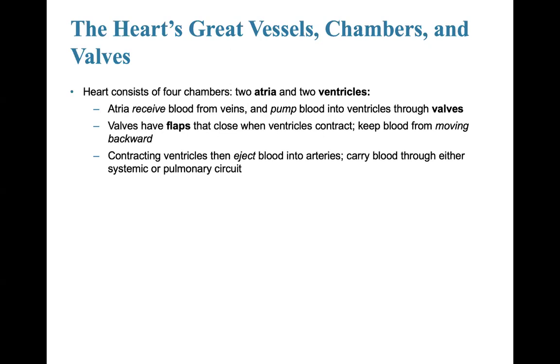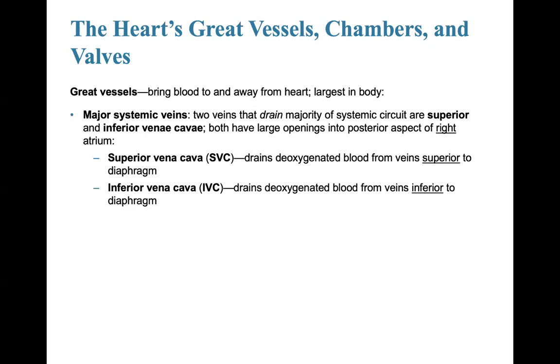The great vessels, again, these are going to bring blood to and away from the heart, the largest in the body. The major systemic veins, these are 2 veins that drain a majority of the systemic circuit, and these are the superior and inferior vena cava.